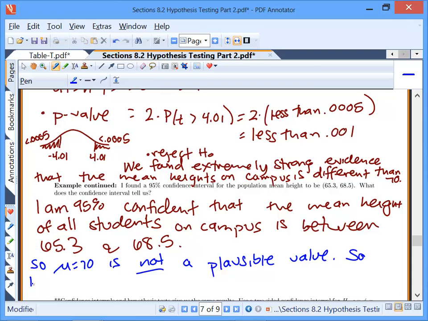So I could reject the null hypothesis that mu equals 70 at, let's see, 1 minus 95%, so 5% significance level.